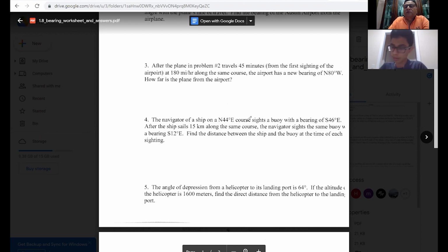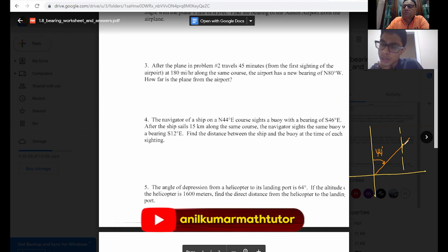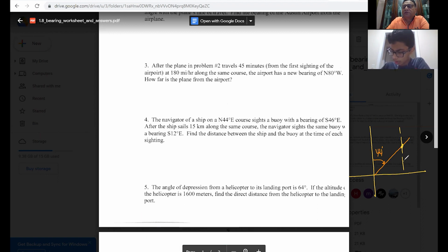The navigator sights a buoy with a bearing of south 46 degrees east, somewhere here. So from south, 46 degrees east.